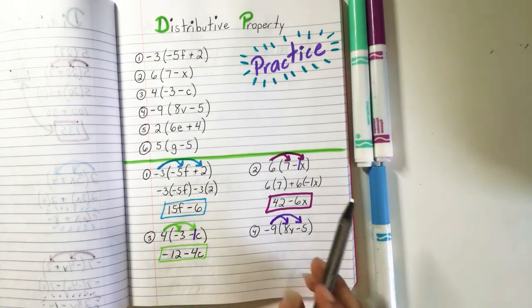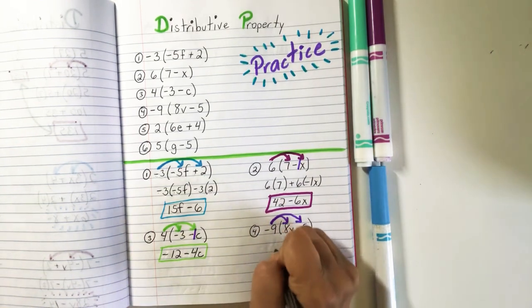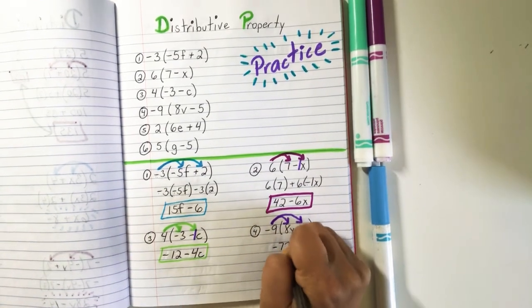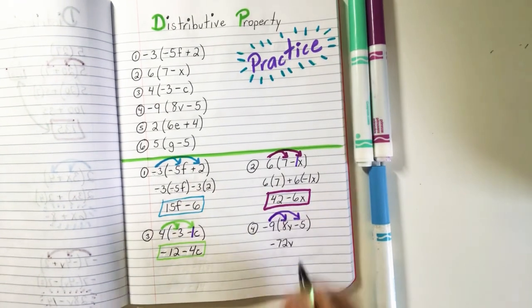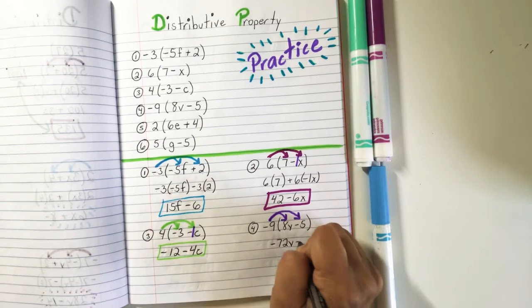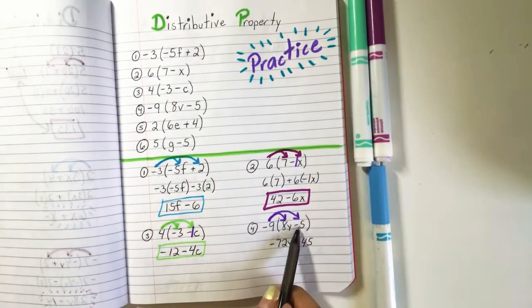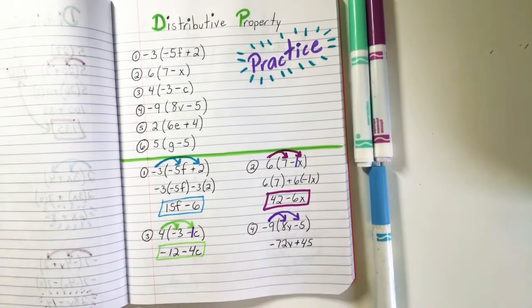Negative 9 times 8v is negative 72v. And then a negative 9 times a negative 5 is a positive 45. Remember, a negative times a negative gives you a positive. And 9 times 5 is 45.